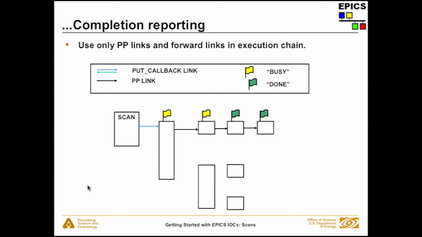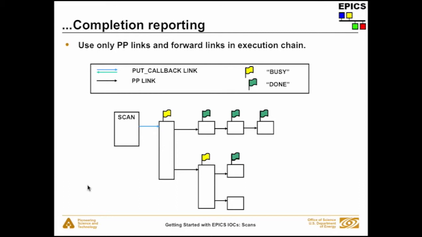So what happens is each record effectively calls the other record, and the other record returns. So that returns into the process routine of that record. So all these records will declare themselves to be done, and then control will return back to the first record, and it'll do another set of PP links.